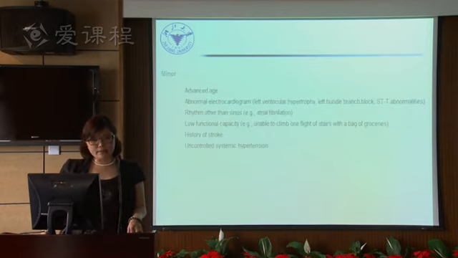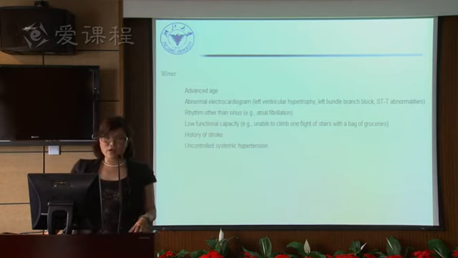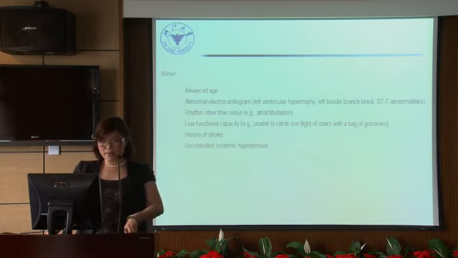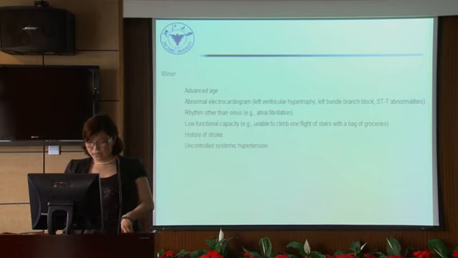And we say minor is elderly patients with advanced age, or abnormal electrocardiogram, or rhythm other than sinus, or low functional capacity, or history of stroke, and uncontrolled systemic hypertension.